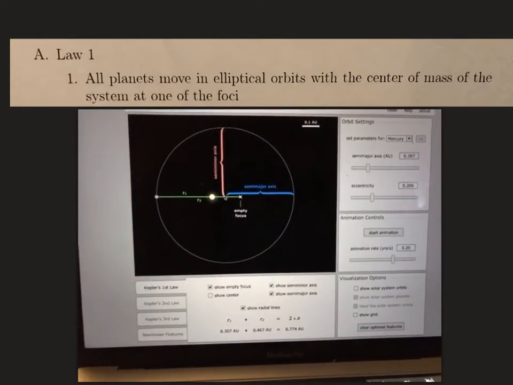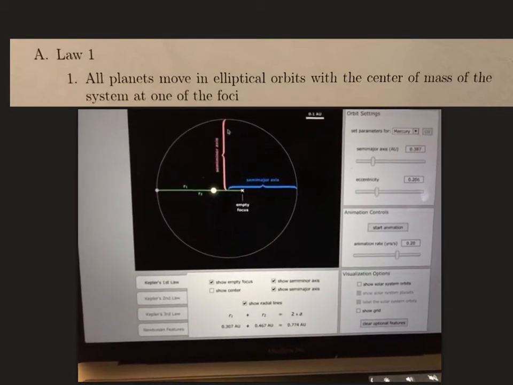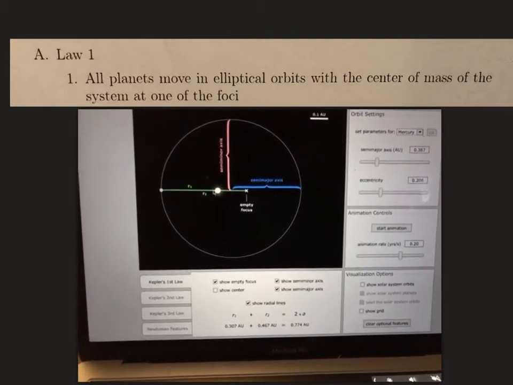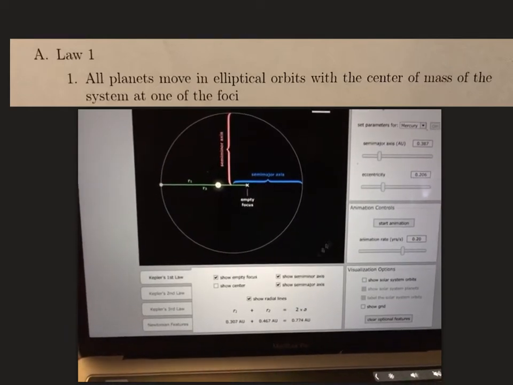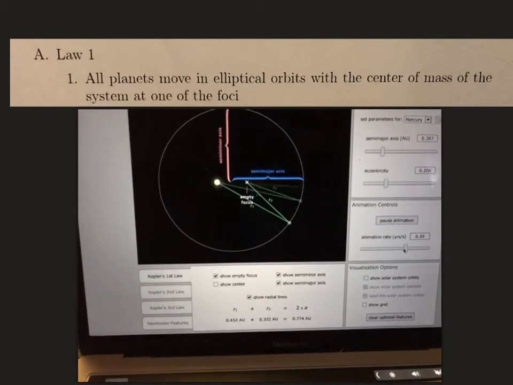So an ellipse is defined by the semi-major axis, which is the long radius, and a semi-minor axis, which is the shorter radius. And so we can draw an ellipse out by drawing radial lines. Let me start the animation and then slow the animation down.